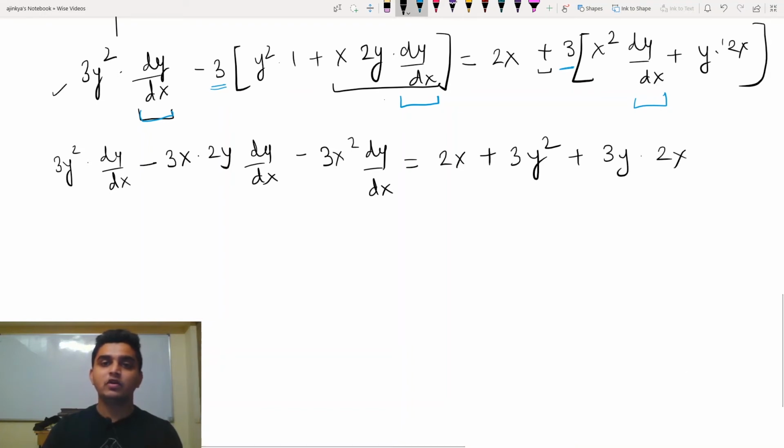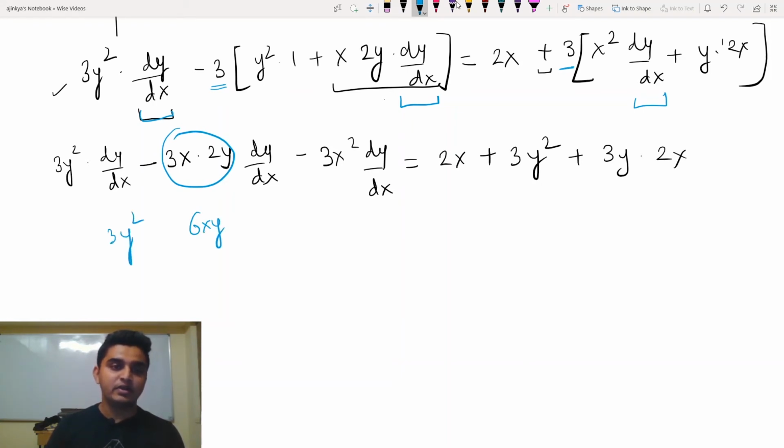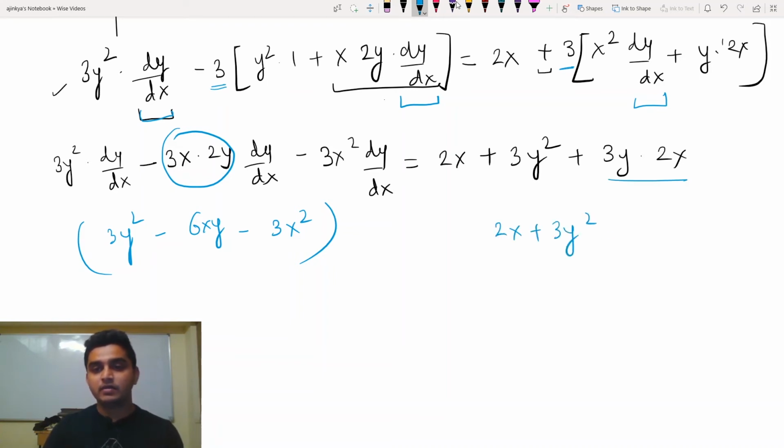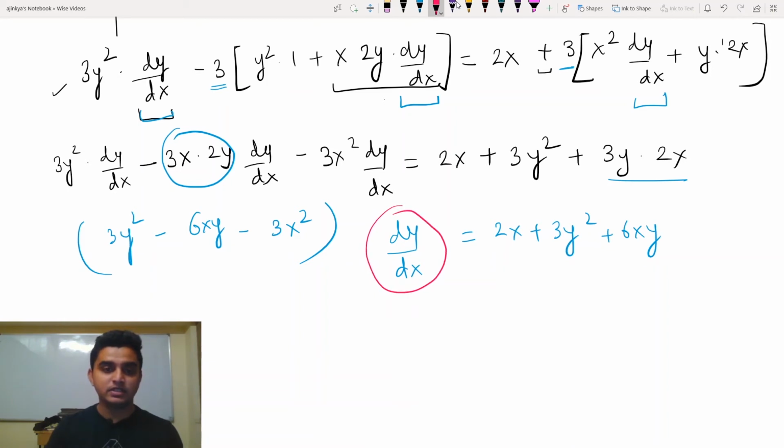So we need to simplify all these terms. This is 6xy, then we have 3y squared over here, which is negative, and then we have 3x squared, and here we have this as 6xy, so you have 2x plus 3y squared plus 6xy on the right side. And since we have taken all these terms out, what we have remaining is dy upon dx. So your required answer is dy upon dx.